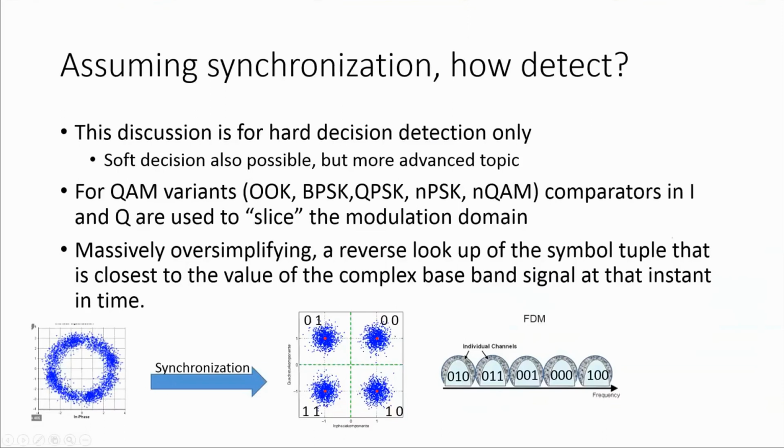So this is why synchronization is crucial. To do this decision boundary detection, determine what the correct symbol is, you can't have a spectrum that looks like this. So this is probably a phase offset, so the constellation is rotating, but it could also be a slowly changing phase error, because those two are not distinguishable.